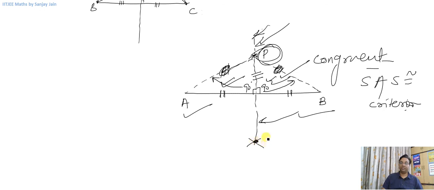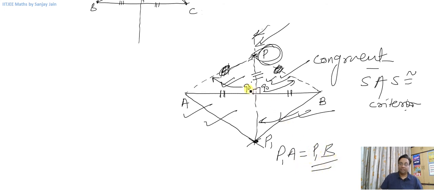For example, if I take this point P1 and join it with A and B, P1A will be equal to P1B because of the same logic, since again these two triangles are congruent: these angles are 90 degrees each, these sides are equal to each other, and this side is common to both the triangles.